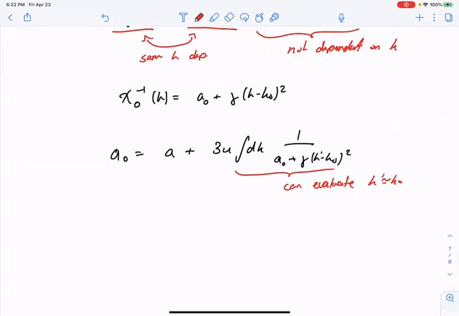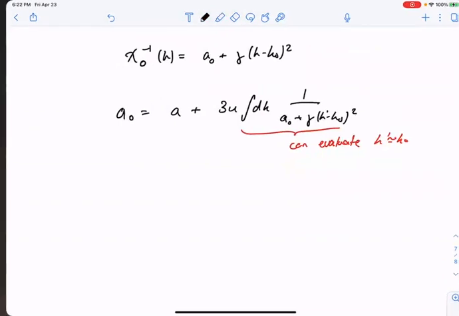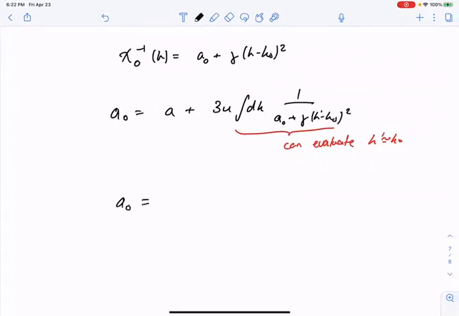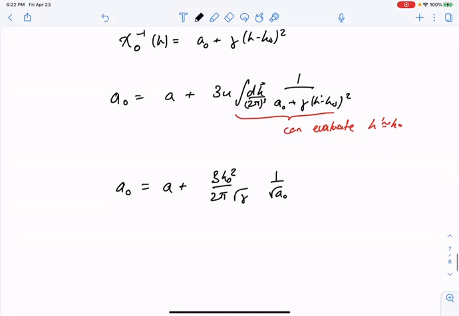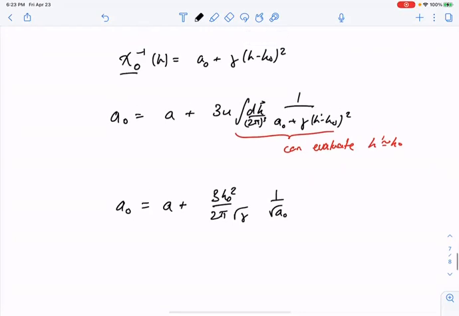That's a Lorentzian line shape. We can integrate that. That will give us that A naught is equal to A plus 3 k naught squared, if we put in all the factors of 2 pi from this Fourier transform, a factor of square root of gamma, and 1 over the square root of A naught. So essentially, the optimal value of chi naught boils down to an optimal value of A naught.